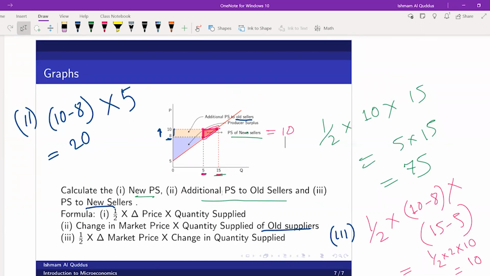So it is important to take into account the concept of consumer surplus as well as producer surplus, because this is actually social welfare and also efficiency.